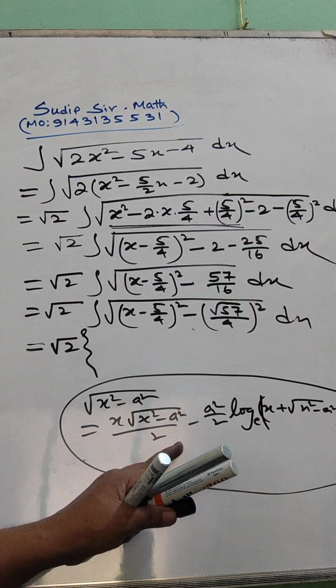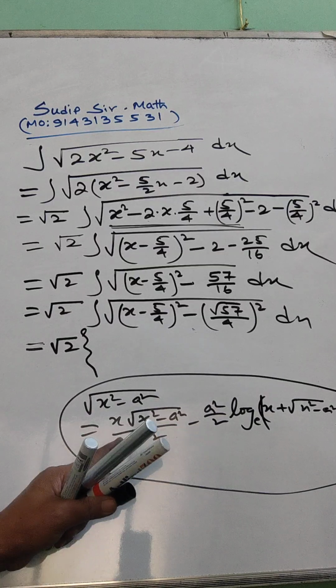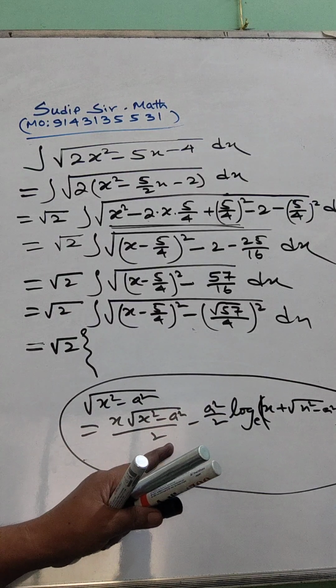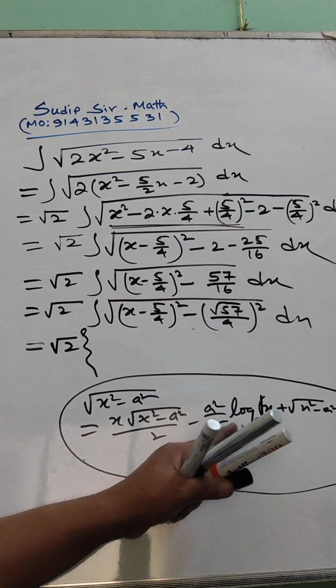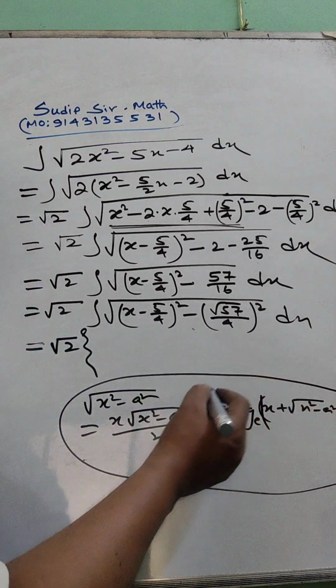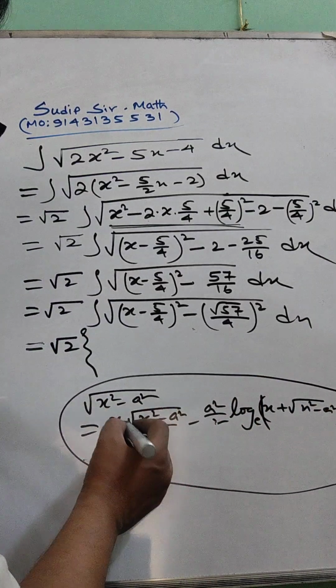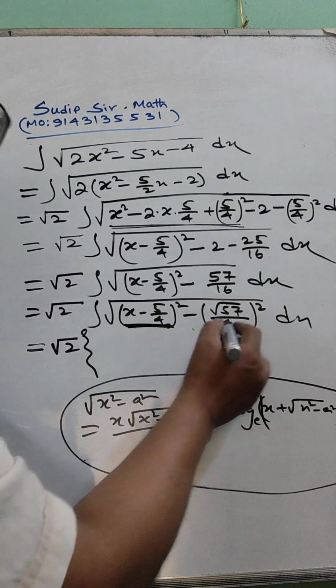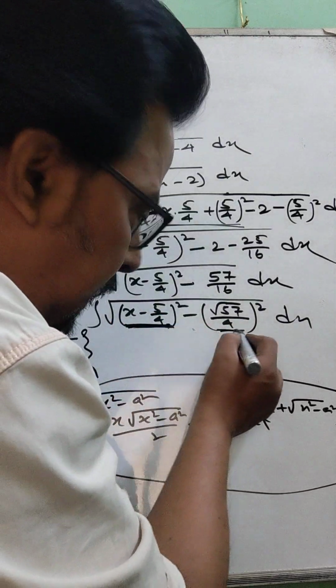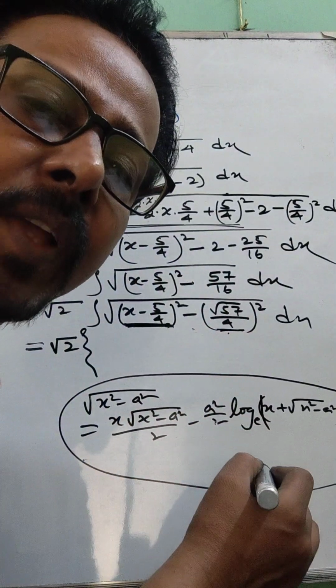Okay. x root over of x square minus a square by 2 minus a square by 2 log of x plus root over of x square minus a square. Now here this part is x and this is a. Okay, clear?